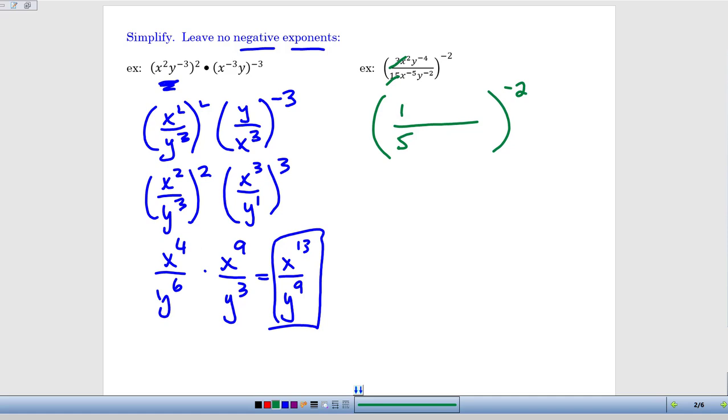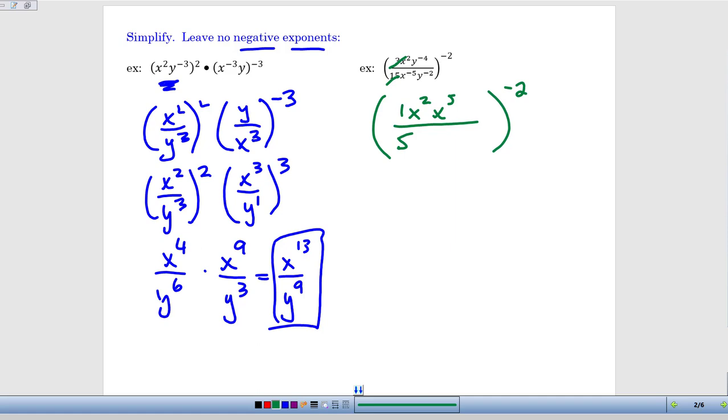Now I'm going to just move these other variable pieces so that all their exponents are positive, and then I'll do my simplifying. So x squared is going to stay up top because it's a positive exponent. X to the negative 5th on the bottom, I'm going to move that up so that it has a positive exponent.